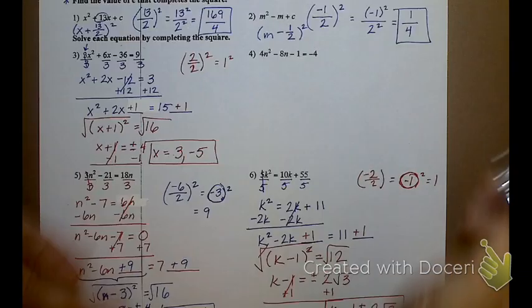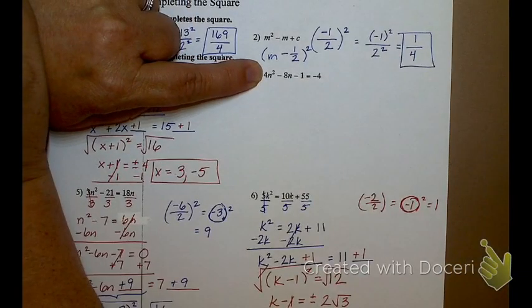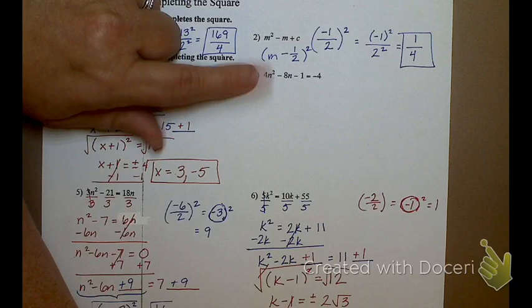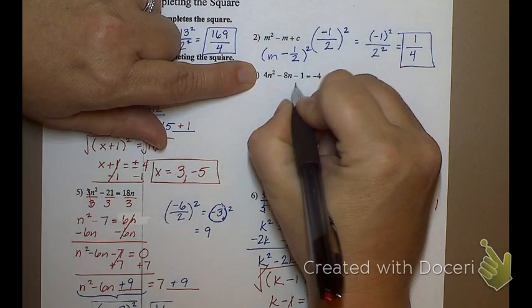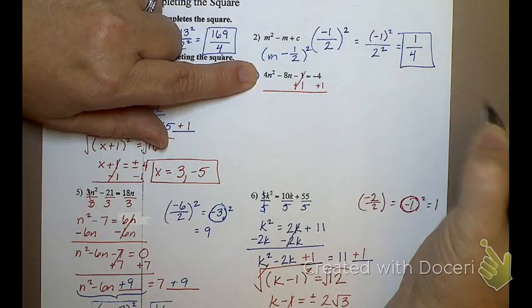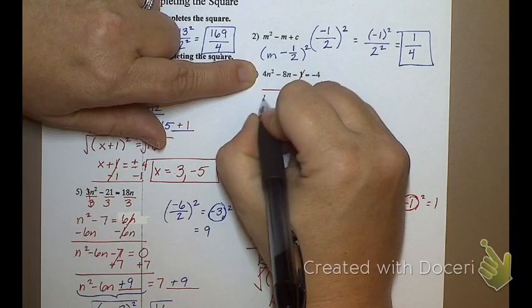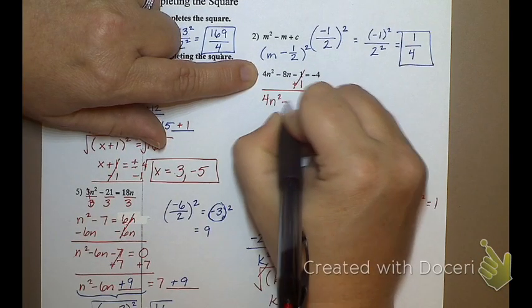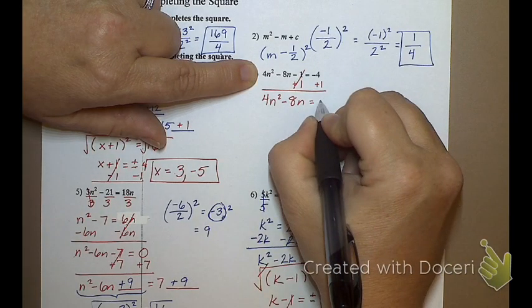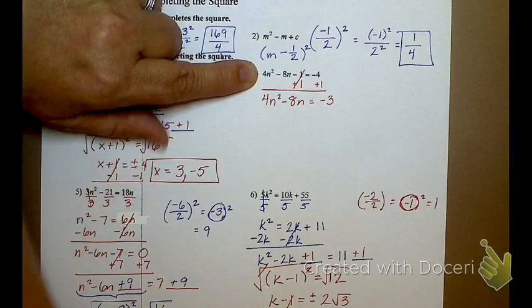All right, first thing I want to do is get the n squared and the n on the same side, and then the other number on the other side. So what do I need to do first here? Doesn't n squared have to be by itself? That gives me 4n squared minus 8n equals negative 3.